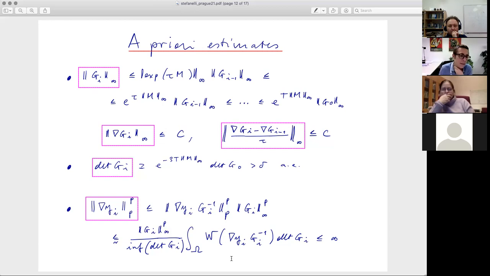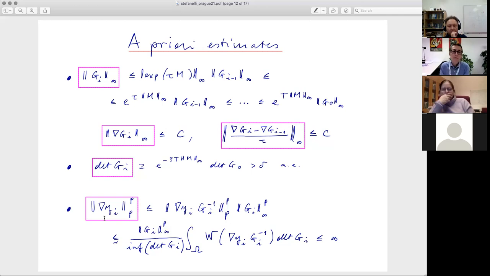Okay, good. So my tensor G is bounded in space and discrete time. Its gradient and its discrete time derivative are also bounded in space and discrete time. And the y's are bounded in discrete time with values in this Sobolev space.